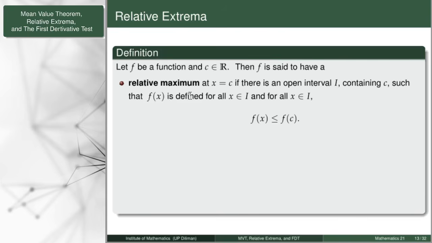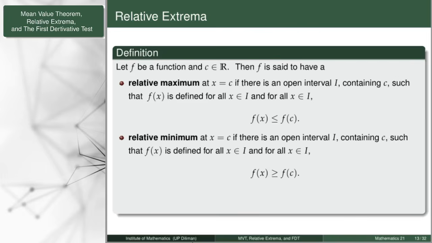So the biggest part comes from the idea of a maxima. The relative comes from the existence of the open interval. It basically means that you are the biggest on some neighborhood, not necessarily the biggest in the whole domain of your function f, but at least relatively you are the greatest.